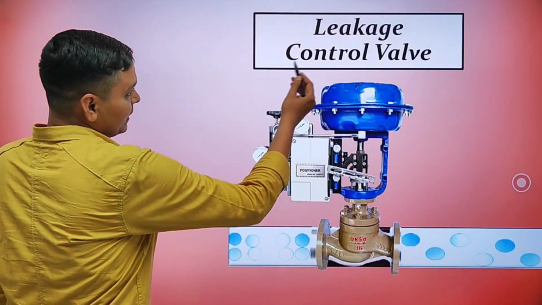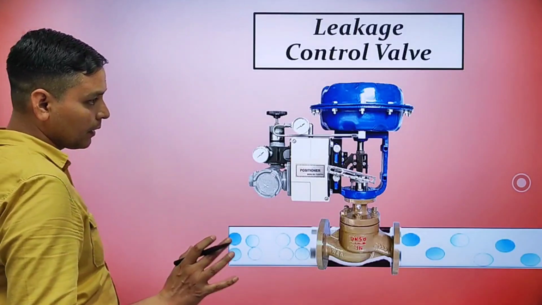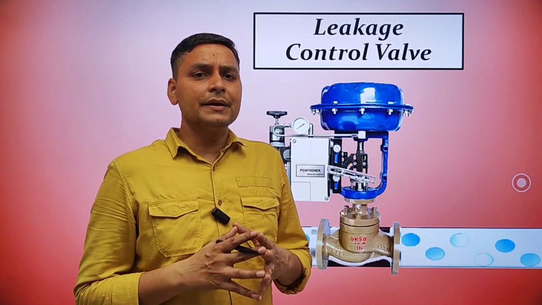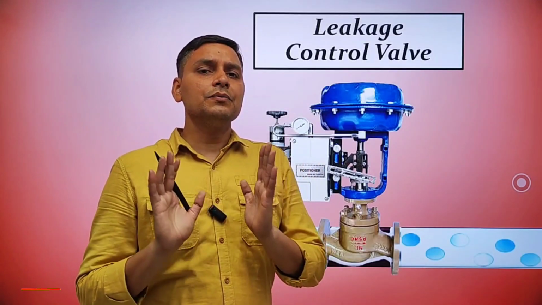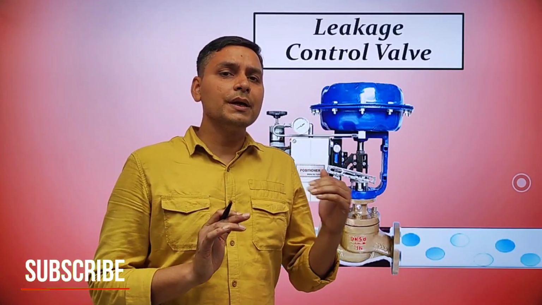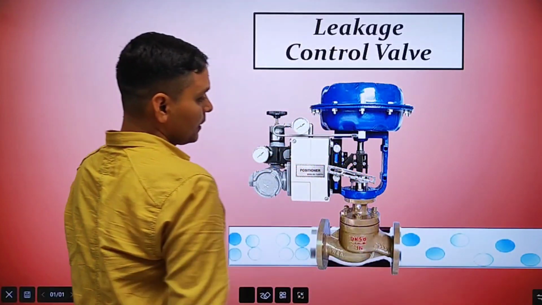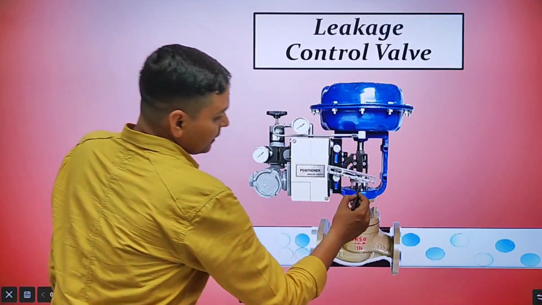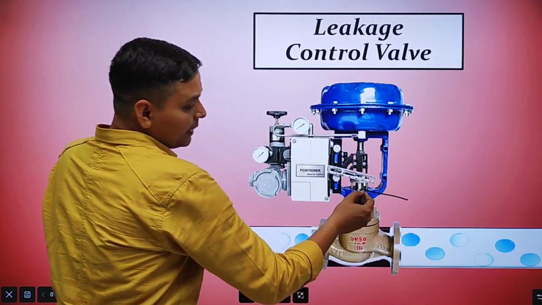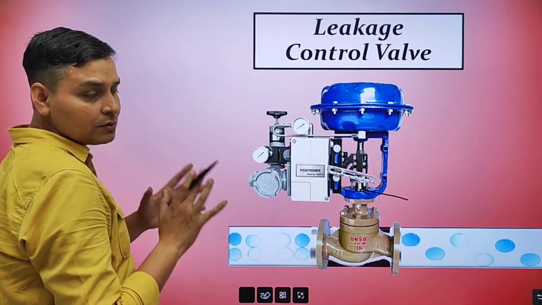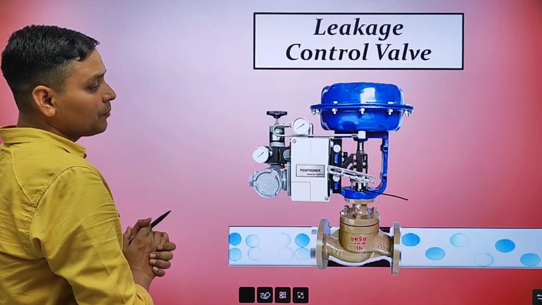Now we will discuss leakage control valve. How we will recognize that control valve is leakage? In first method, we can recognize the control valve by simply looking at it. Suppose if control valve is leakage from here, then this is also called a leakage control valve.